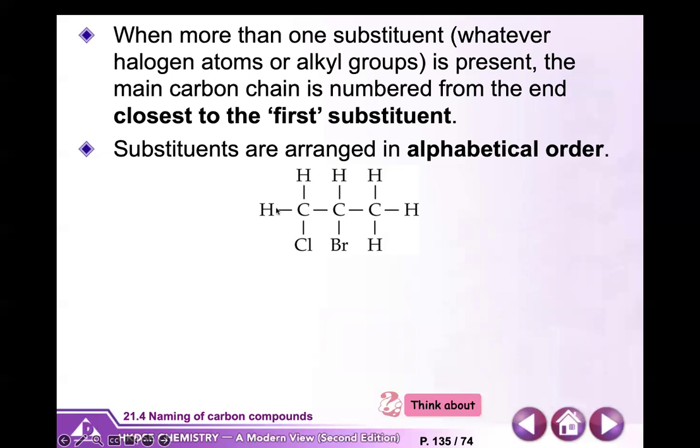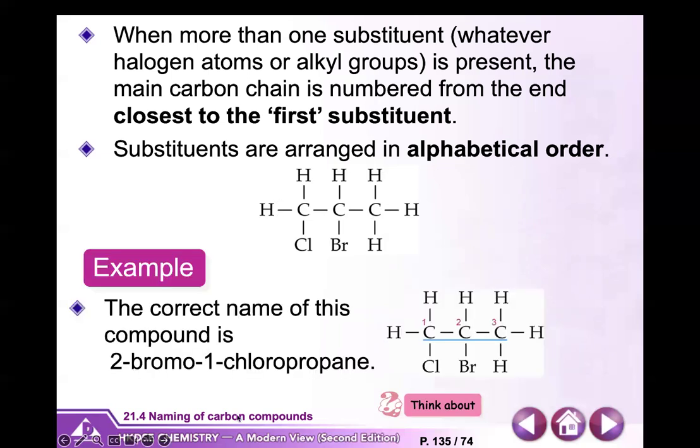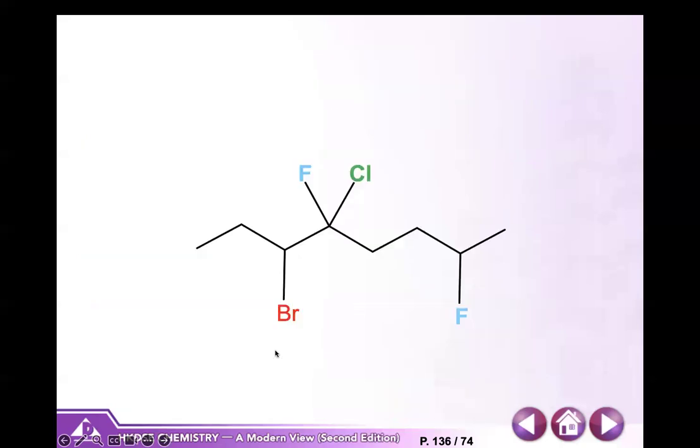The first substituent, which gets 1, is the chloro, so 1-chloropropane, while 2 is for the bromo, so 2-bromo-1-chloropropane. The word bromo goes first because B comes before C in alphabetical order. As a result, it should start with 2-bromo first and then 1-chloropropane.